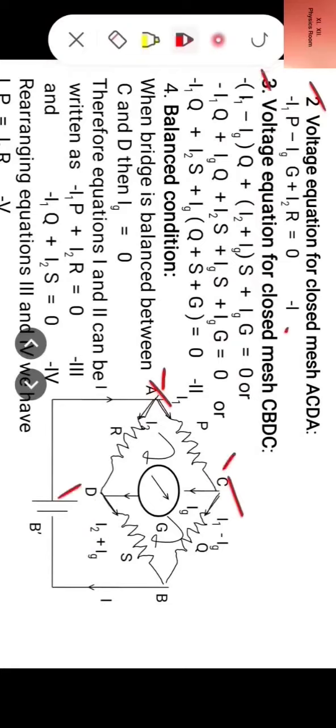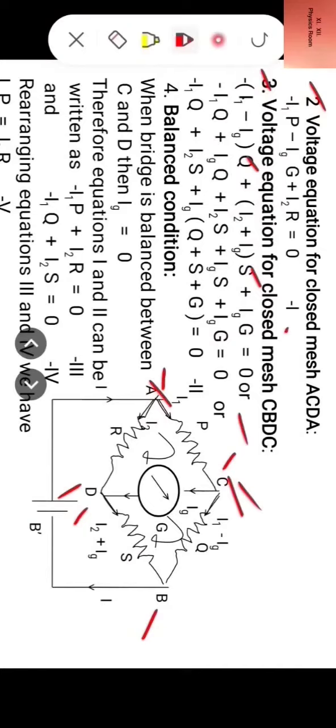Now 3. Voltage equation for closed mesh C, B, D and C. Minus I1 minus IG into Q plus I2 plus IG into S plus IG into G equal to 0, or opening the bracket we write minus I1Q plus IGQ.